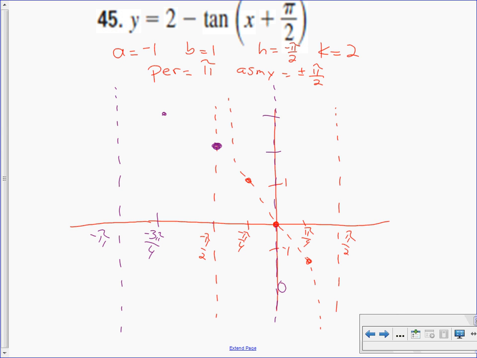And then lastly, when I move pi over 4 to the left pi over 2, it winds up at negative pi over 4. And then it just goes up 2, so now it's at 1. And now you just connect the dots.